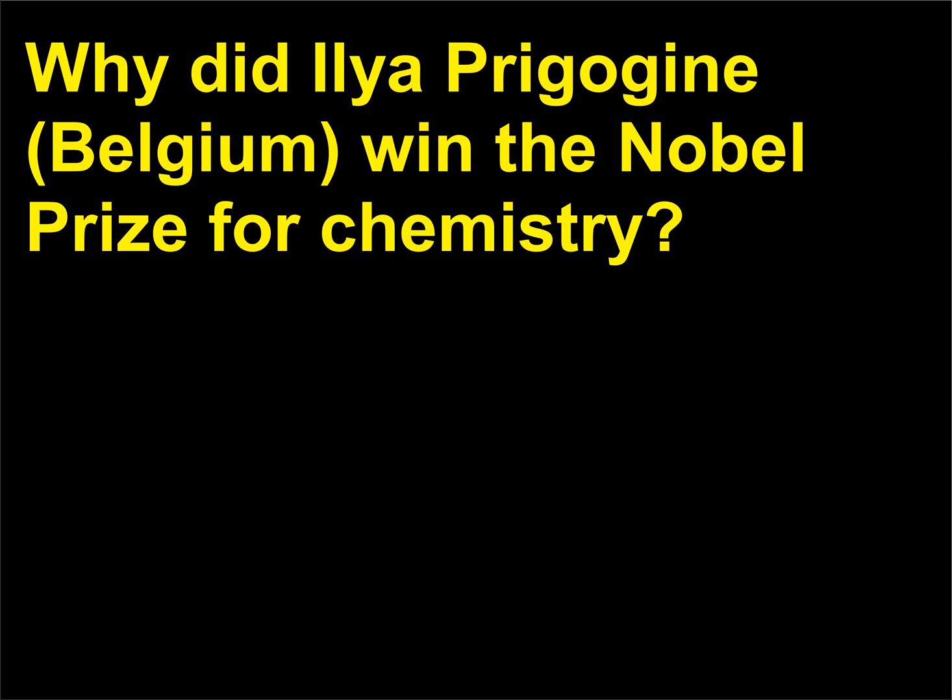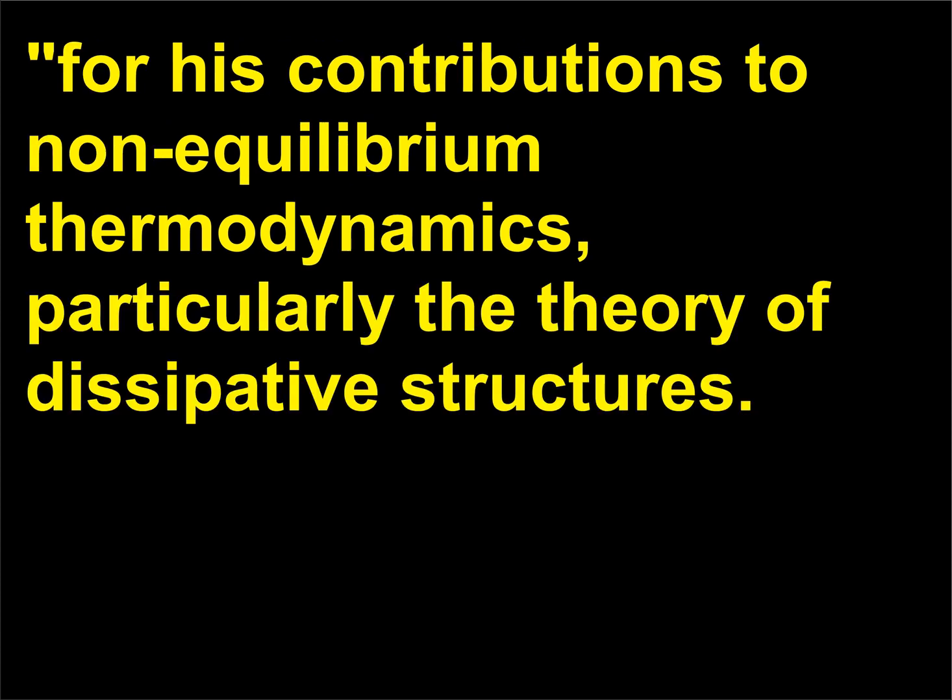Why did Ilya Prigogine, Belgium, win the Nobel Prize for Chemistry? For his contributions to non-equilibrium thermodynamics, particularly the theory of dissipative structures.